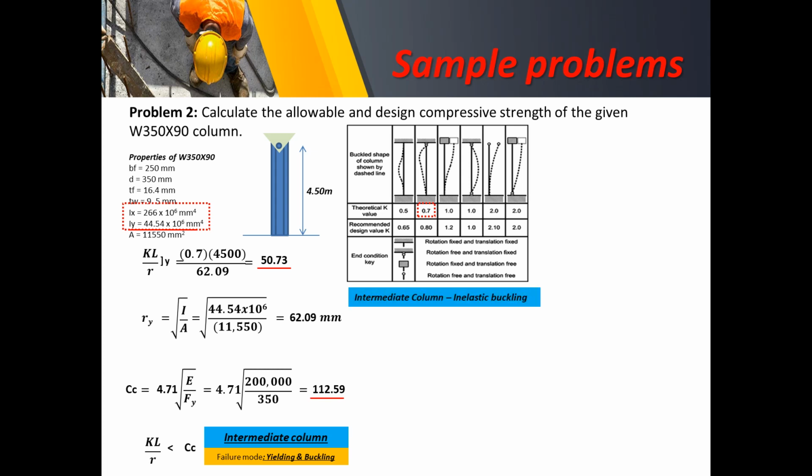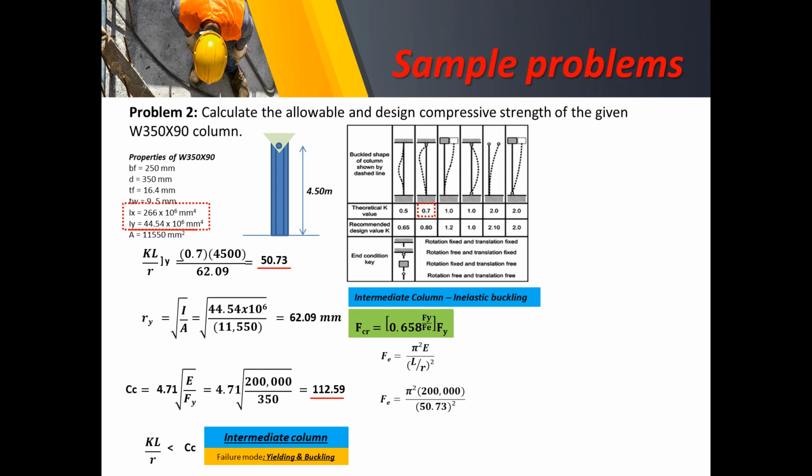So in this case, we are going to use the critical buckling strength Fcr equal to 0.658 raised to Fy over Fe times Fy, wherein Euler's critical buckling stress is given by that expression.